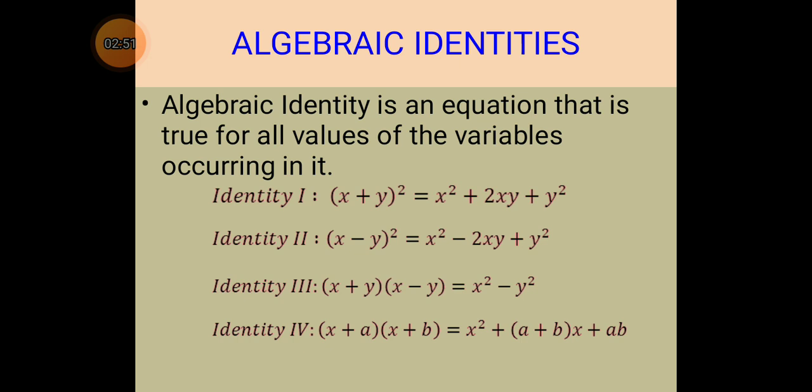Second identity is x minus y whole square is equal to x square minus 2xy plus y square. This means a binomial with minus sign in between is multiplied by itself. The product will be x square, that is first term square, minus 2 of first term into second term plus second term whole square.